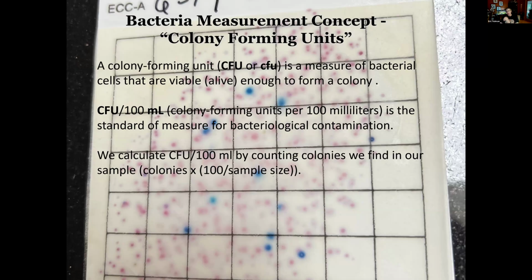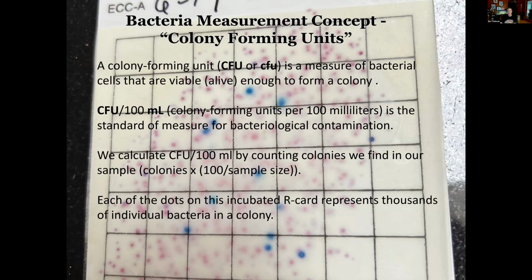So we do a calculation because we don't collect a 100 milliliter size. We collect anywhere from a 1 to a 3 milliliter size. So based on our sample size, we do some math to extrapolate up to how many that would be if we had a 100 milliliter size.